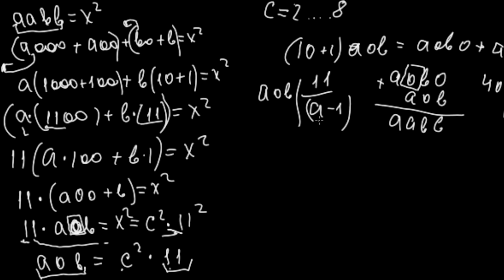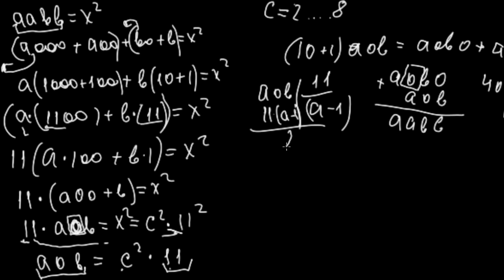A is some digit, right? So a minus 1, I write 11 times a minus 1. So when I subtract this, I should be left with remainder b. Why is it so? Because to be divisible by 11, it is the last step. For some number to be divisible by 11, it should be repeated, like they need to be the same.